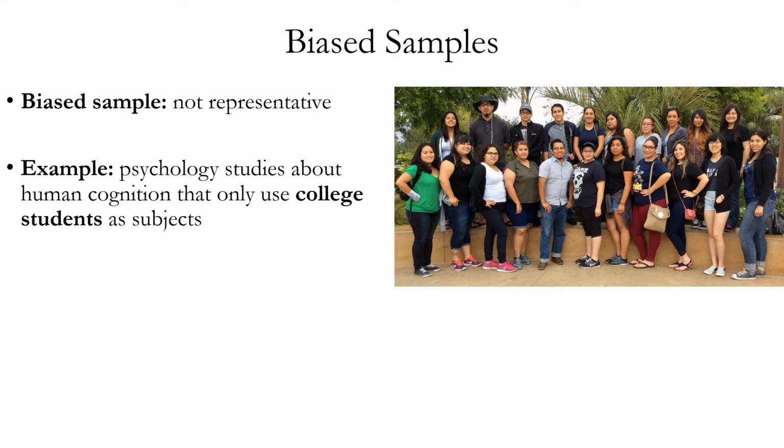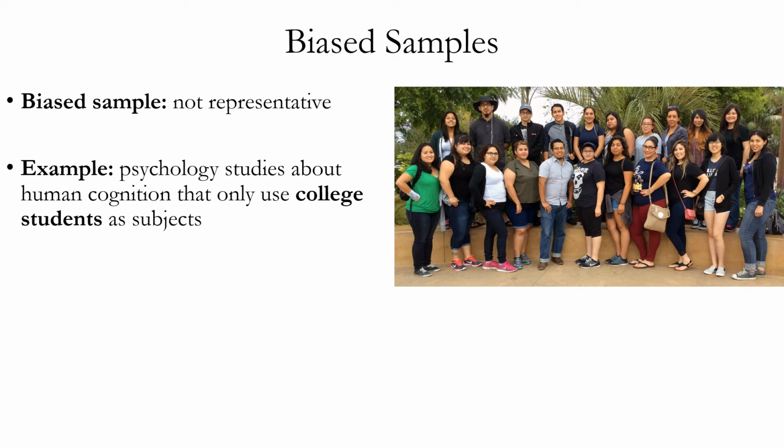And not every psychology study that uses college students is going to have a biased sample, because sometimes the characteristics of college students are not significant for what's being tested. But you can imagine other cases where college students, maybe because they have a higher average IQ than the general population, or they're from a different socioeconomic class, might bias the results of certain studies.